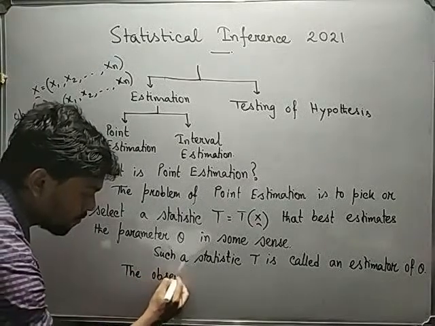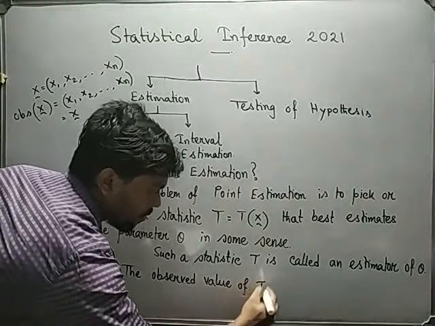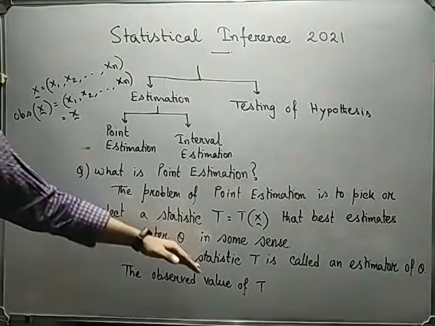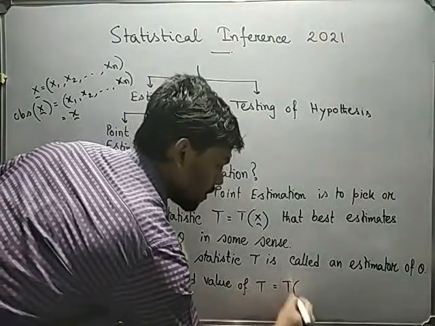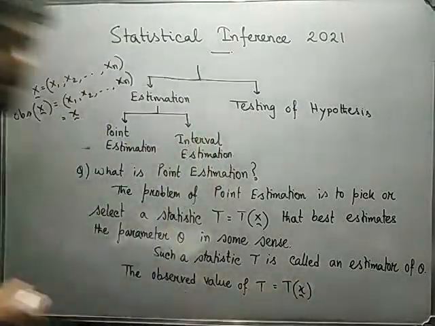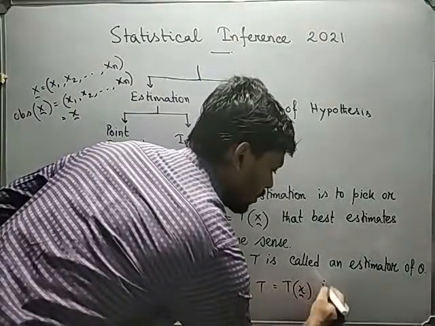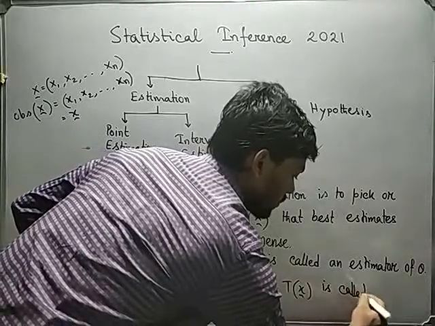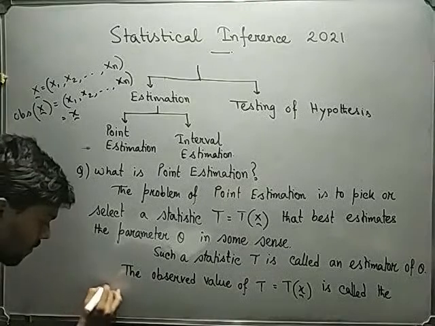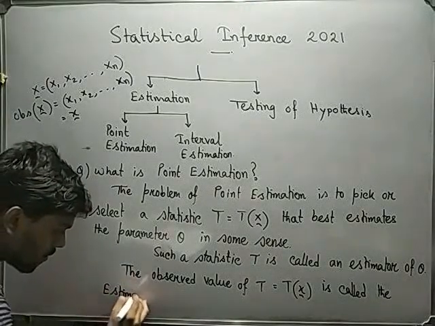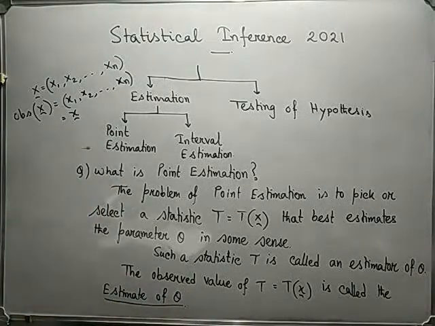the observed value of capital T, which can be denoted by capital T of small x curl, is called the estimate of theta.